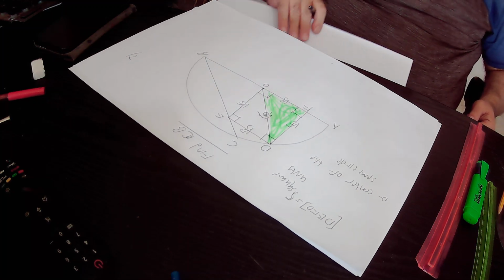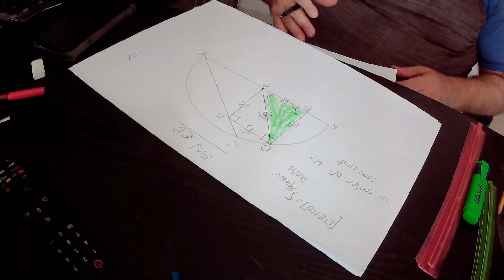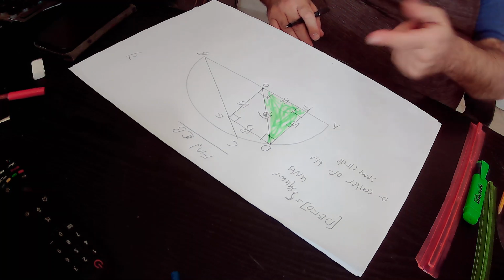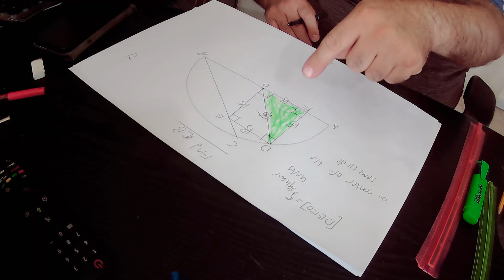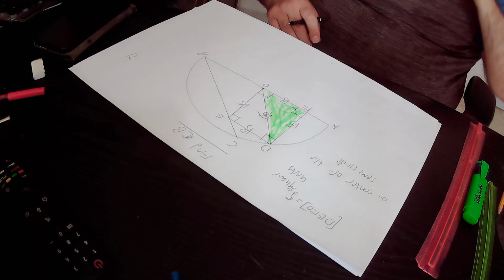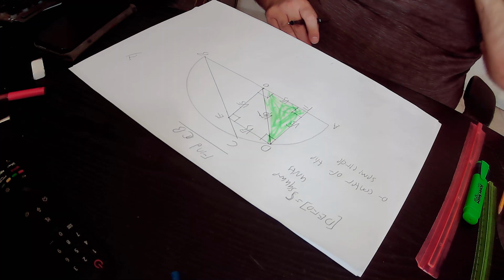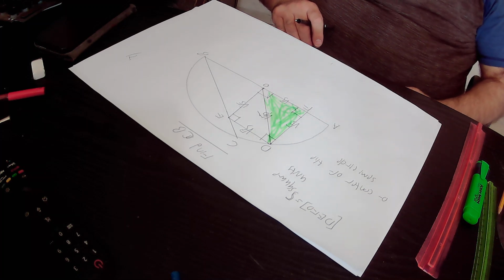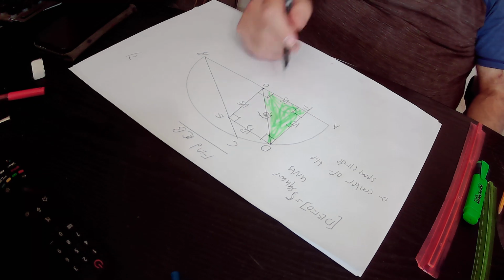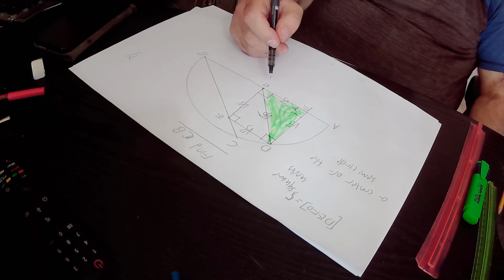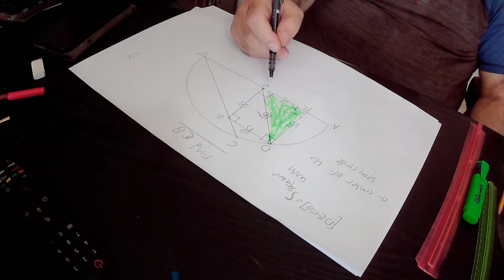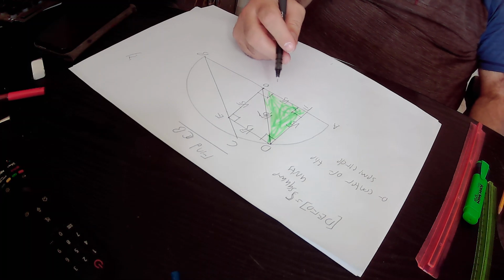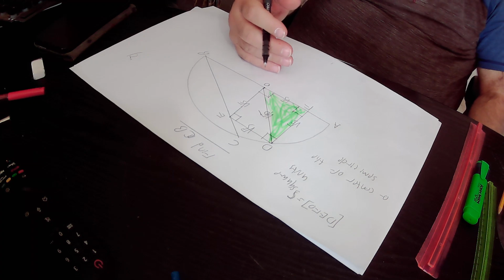Okay, what is actually DO? From one side, DO is the hypotenuse of the green right triangle DFO. But from the other side, DO is also the radius of the semicircle. Why? Because line segment DO starts from point O, that is the center of the semicircle, and ends at point D, that is a point on the semicircle itself. This is exactly the definition of a radius.